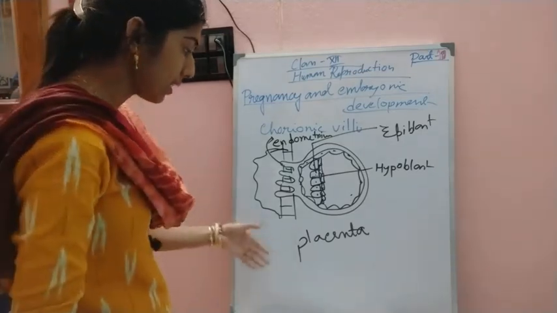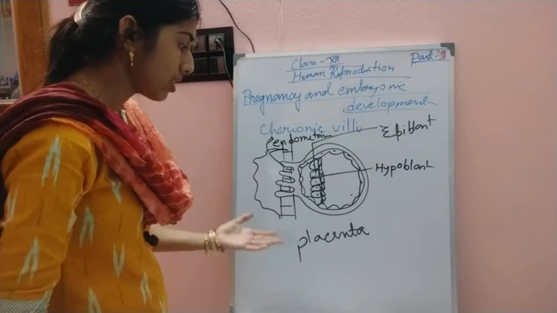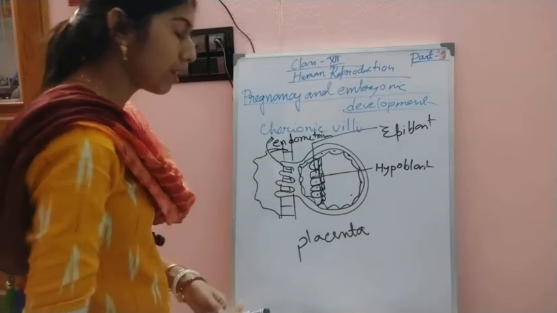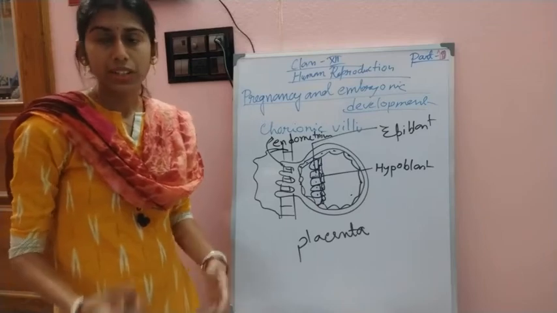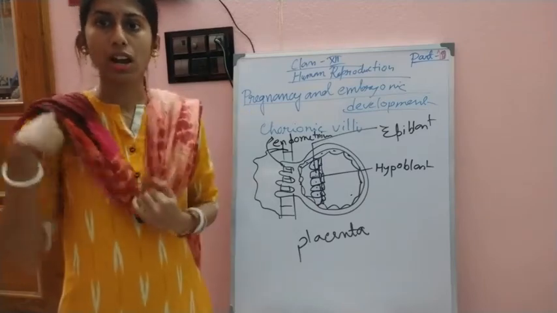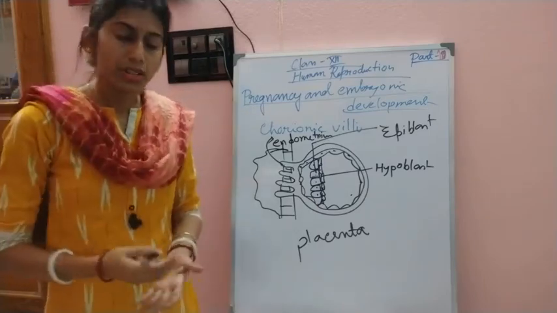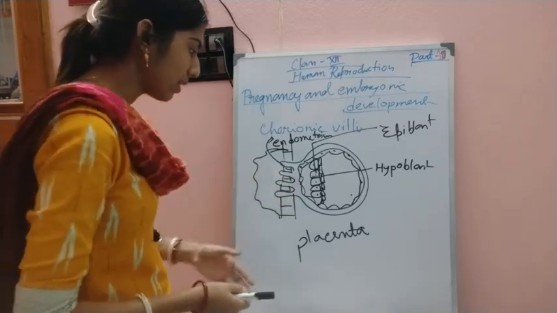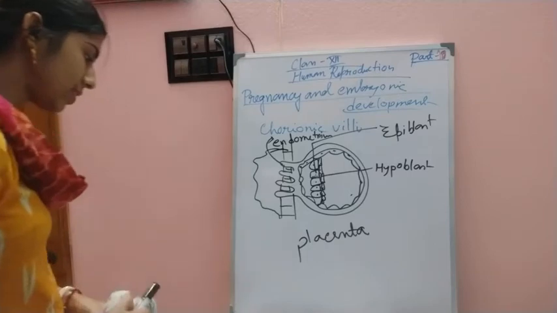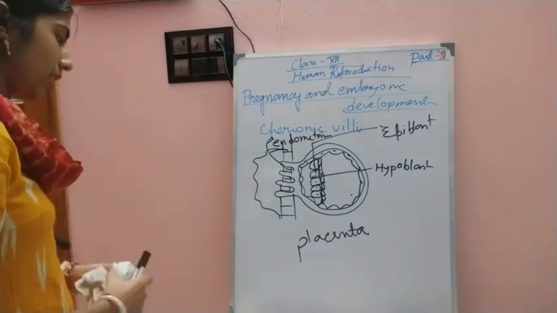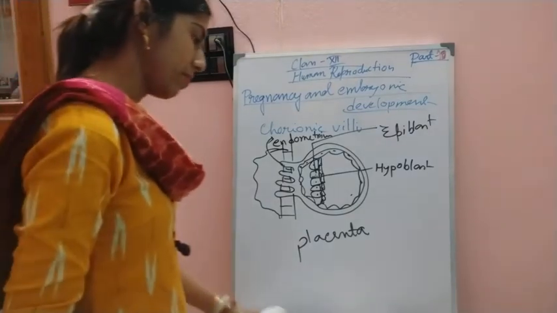From the mother, the nutrients and oxygen will be passed into the developing embryo, and from the developing embryo, that means the fetus, the produced carbon dioxide and waste materials will be passed to the mother for removal. This is the structure by which it can be performed. It is called the placenta.